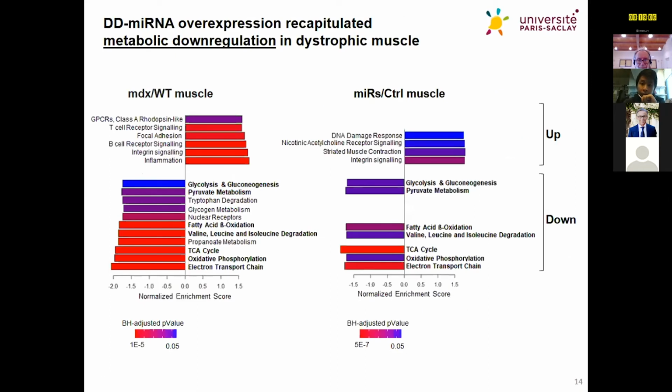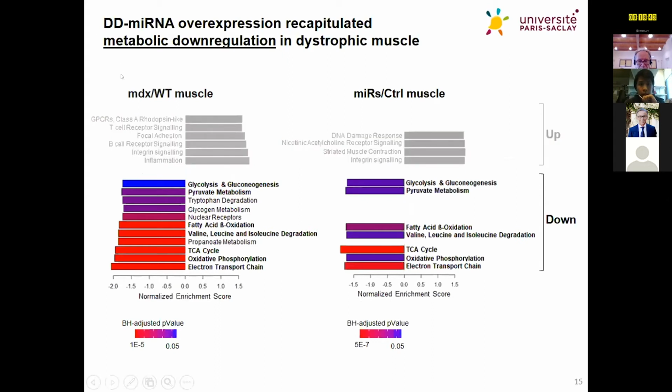And to get a more statistical means for our analysis, we applied gene set enrichment analysis in our study. Because the nature of the microRNA is to inhibit and repress gene expression, we put our focus on the downregulation part.